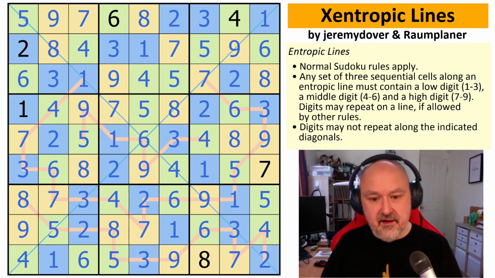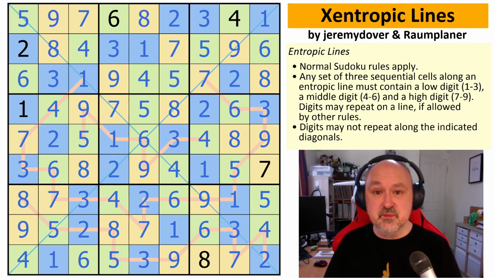So yeah, I hope you enjoyed those constraints. Feel free to jump onto the Sudoku Solvers Discord and leave a comment in my channel for Jeremy or Raumplaner saying that you like these and to do more, or provide feedback, because I know that really gives the setters motivation to do more.